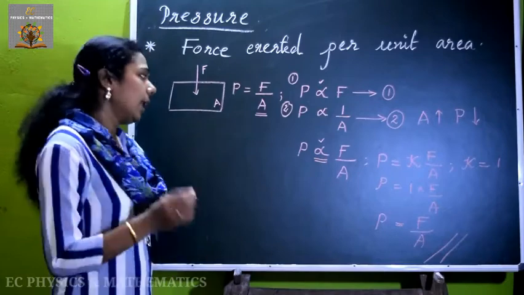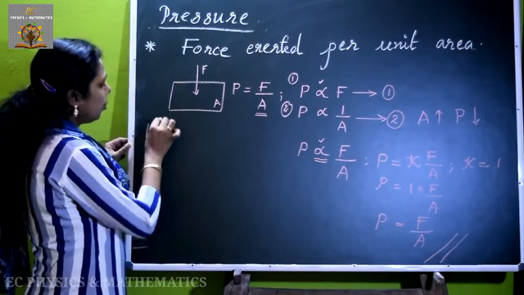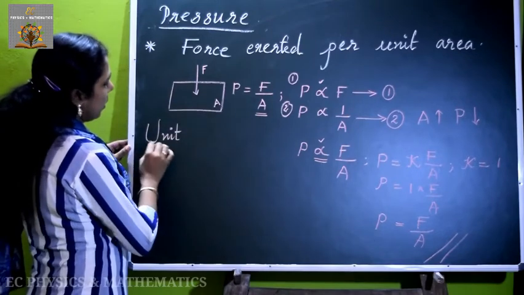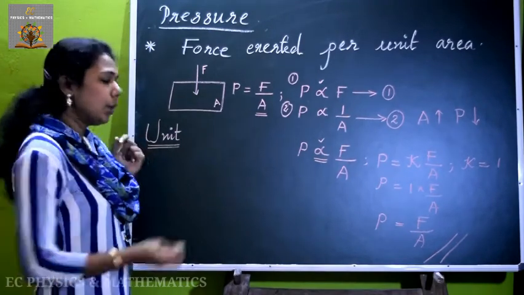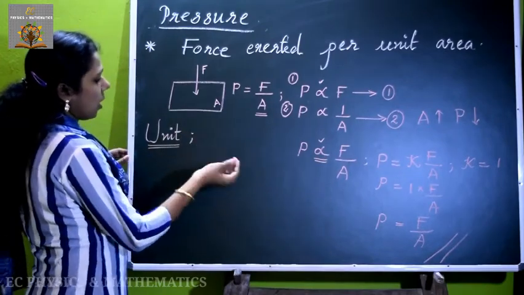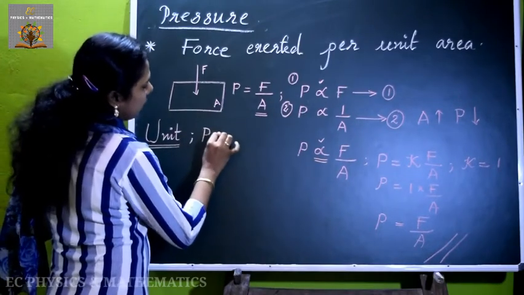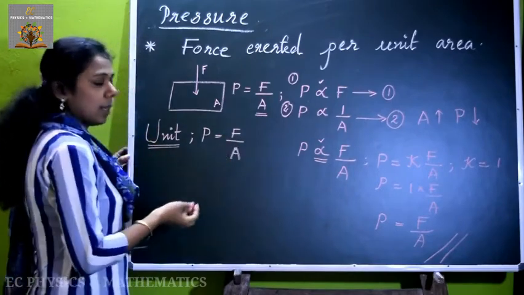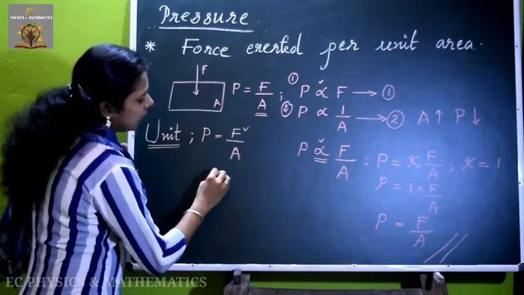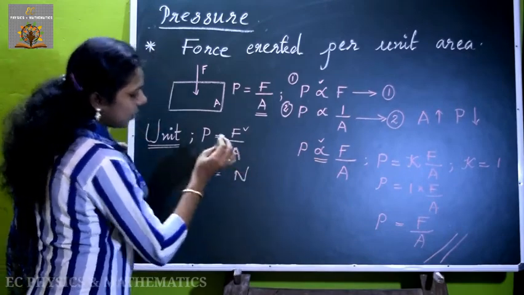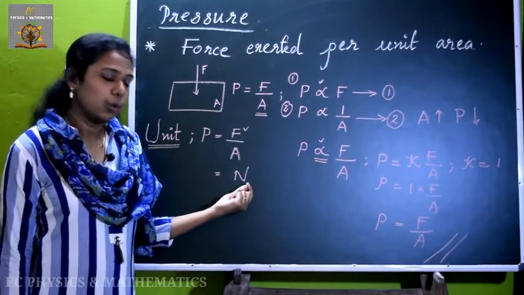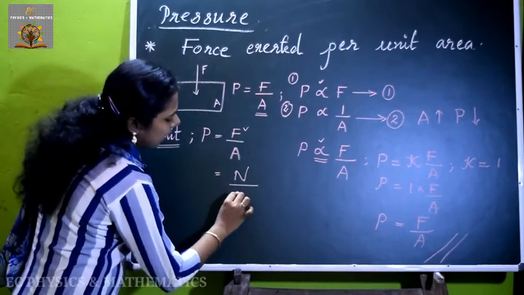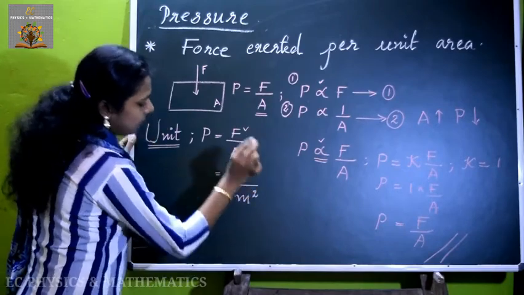Next is the unit of pressure. The equation is P is equal to F by A. The unit of force is Newton, we know that, and the unit of area is meter square.